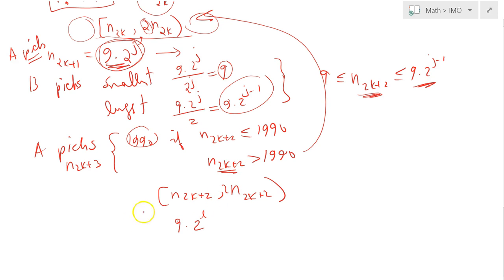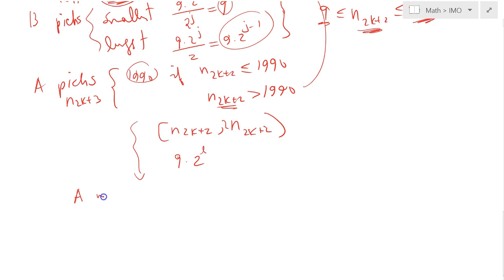Eventually we are forcing B to choose smaller and smaller numbers, and once it falls under 1990, luckily it will not be lower than 9, and A under this strategy eventually wins, and A wins again.